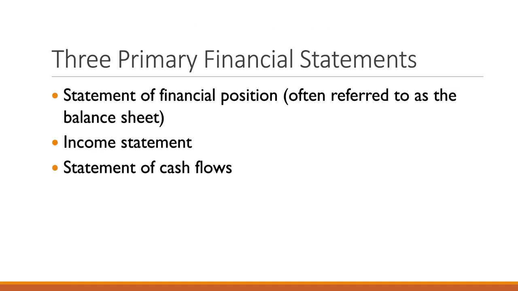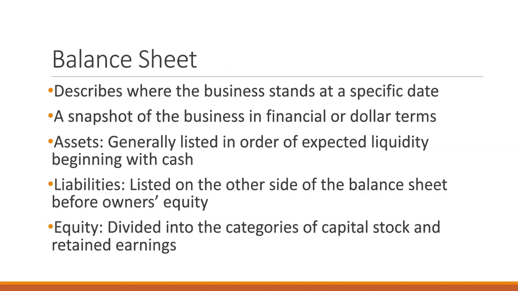So we have these financial statements that we introduced in Chapter 1, and now we're going to talk about them a little bit deeper. We have the statement of financial position, or the balance sheet, our income statement, and statement of cash flows. The balance sheet is where our business sits on a very specific date.